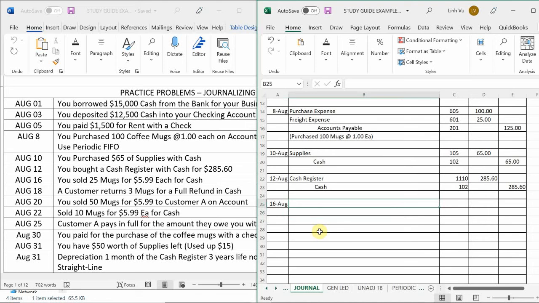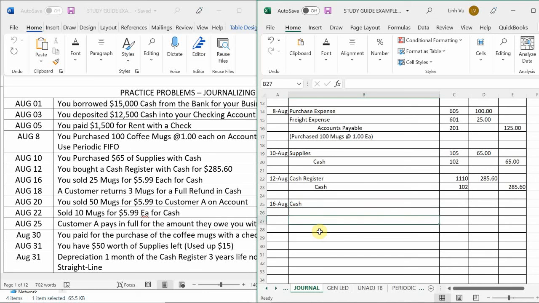How do we journalize this? Just sales and sales tax. And what am I receiving out of it? Cash. I sold each item at $5.99 for cash.